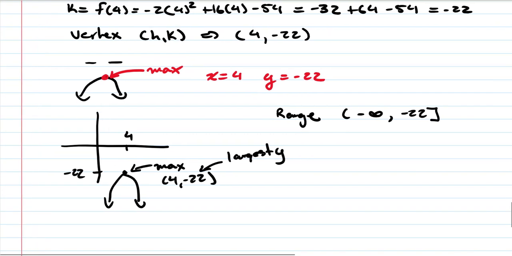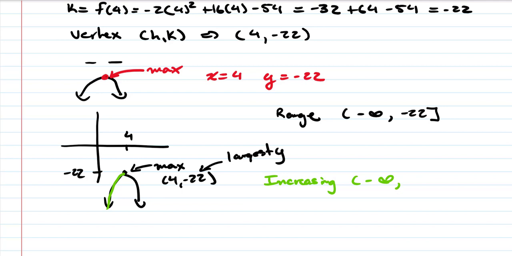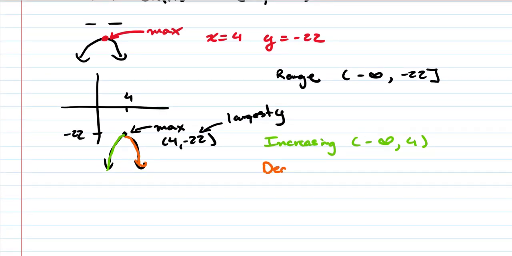So in terms of our graph here, it's increasing from negative infinity to the x value of 4, and then it's going to decrease after the vertex from 4 to positive infinity. So we'll notice in the range, we used the k value, and in increasing and decreasing, we used the x coordinate, or the h value.